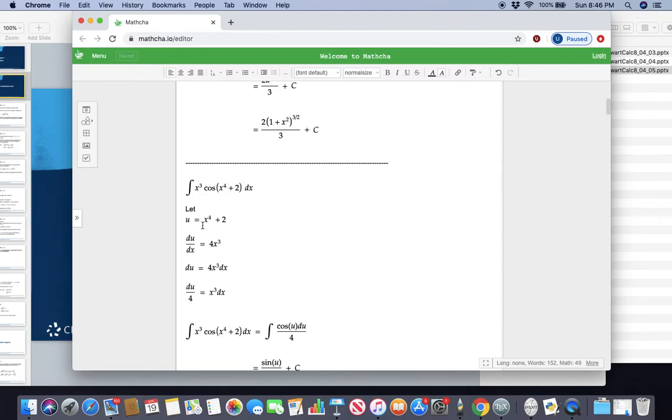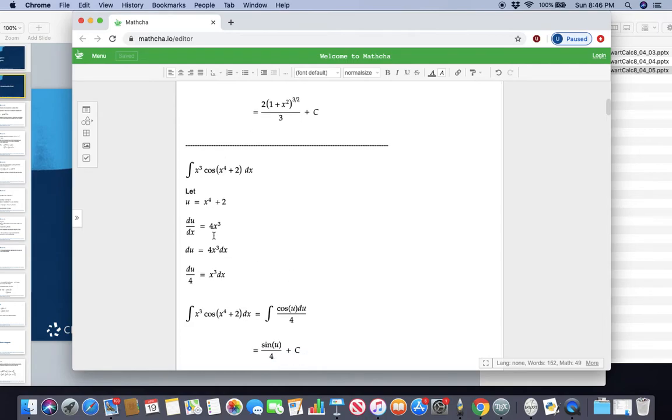So let u be x to the 4th plus 2. So du dx is 4x cubed. Aha, I don't want a 4. There is no 4. So let me divide by the 4 and get the differential dx here. So that tells me du over 4 is x cubed dx.